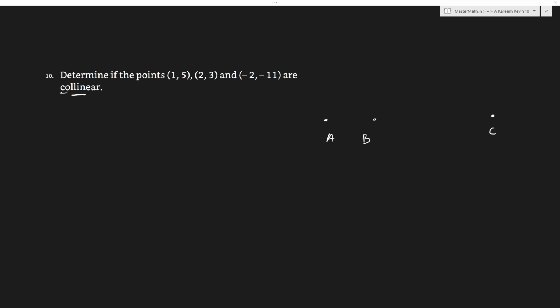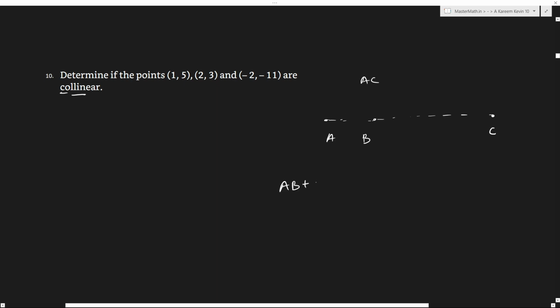Now, if they are on the same line, that means we have these distances AB, BC, and AC. The sum of AB and BC should be exactly equal to AC. If it is not the case, that means the B point is a little off, and if B is off, it is forming a triangle.